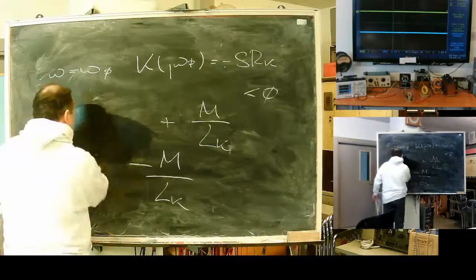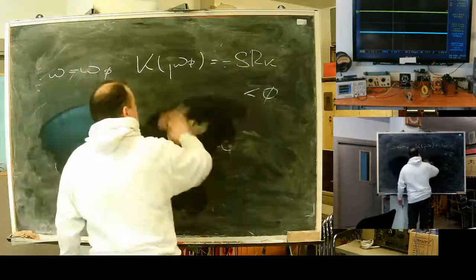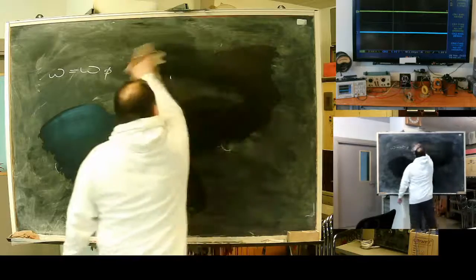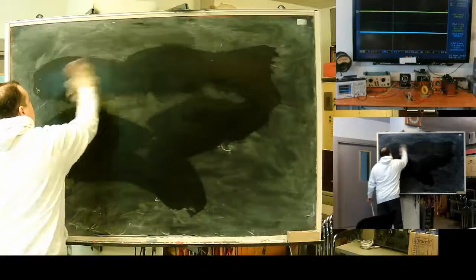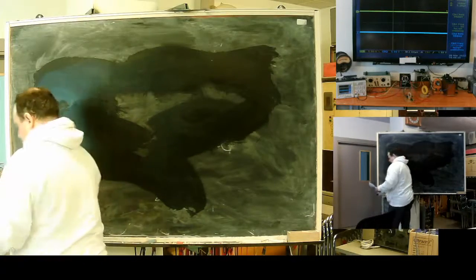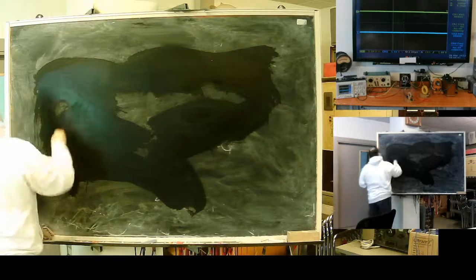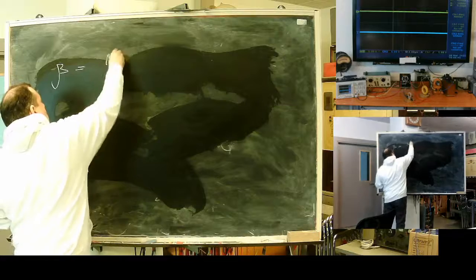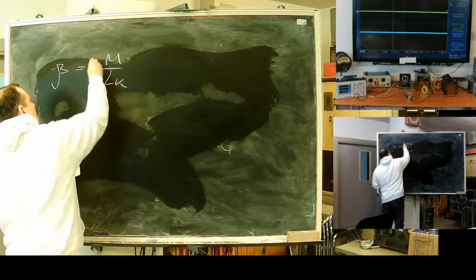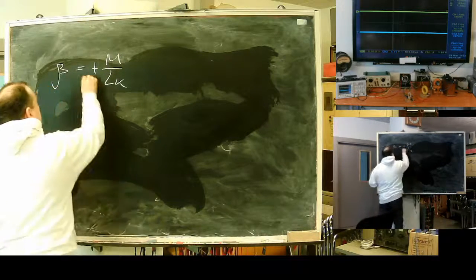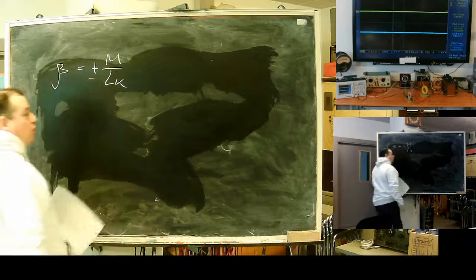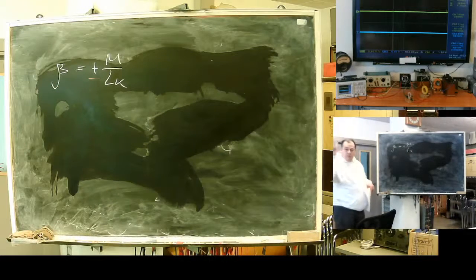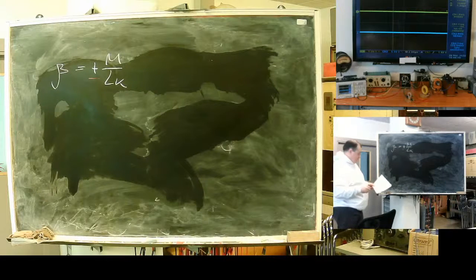Okay, let's see at first the case of negative feedback. So let's put M with the plus sign. That means overall feedback will be negative.